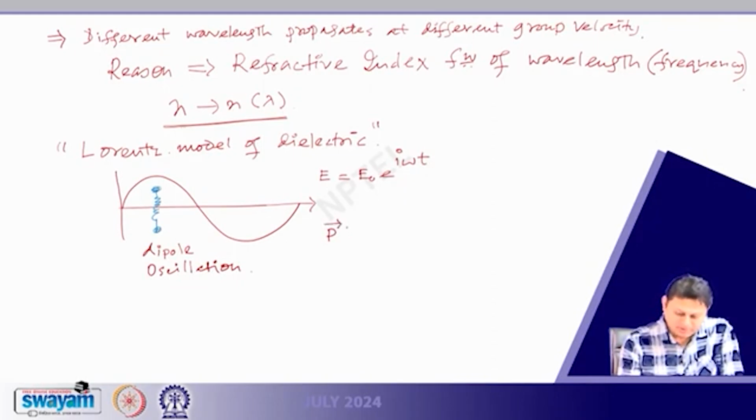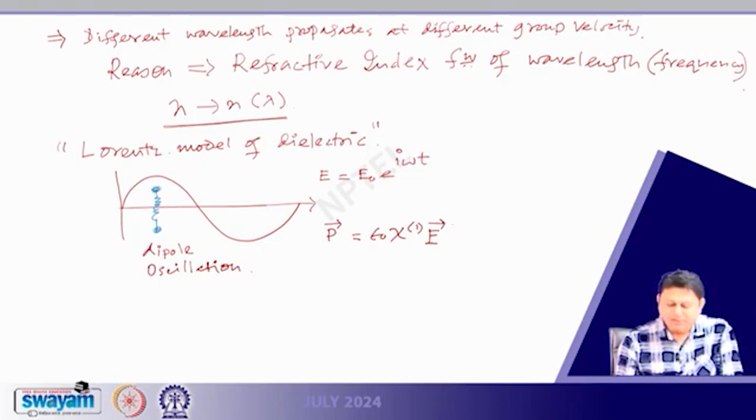The polarization, which is the dipole moment per unit volume, is essentially epsilon naught times the first order susceptibility of the material multiplied by the electric field. So, that is the expression of the polarization.